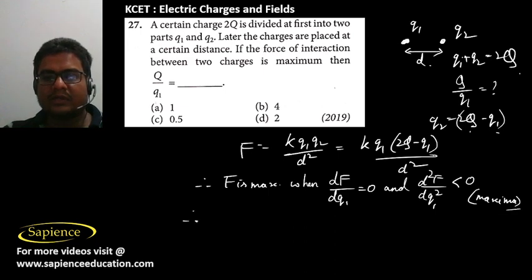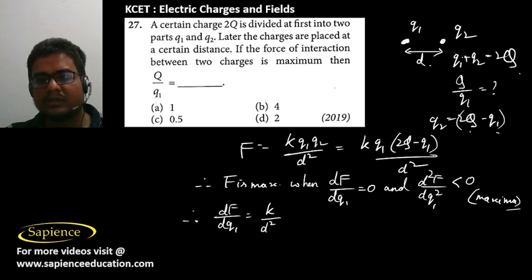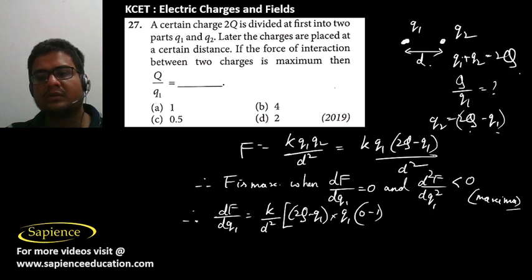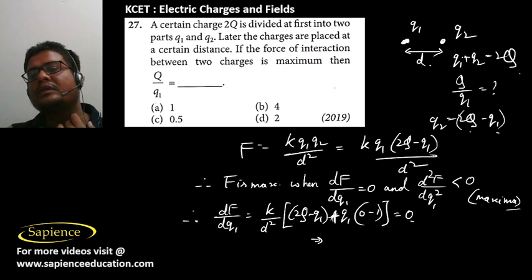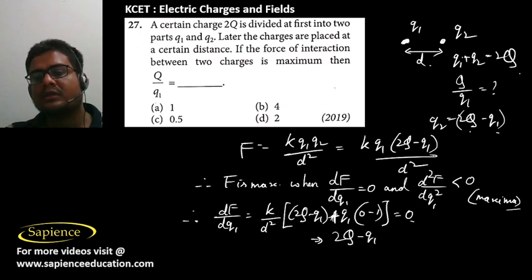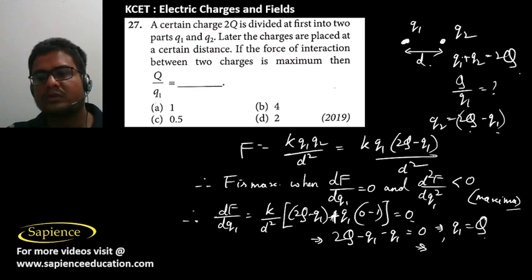Therefore df by dq1: k by d square is a constant, it comes outside. Differentiating q1 times (2q minus q1), we get 2q minus 2 q1, so that is equal to 0. That gives q equal to q1.